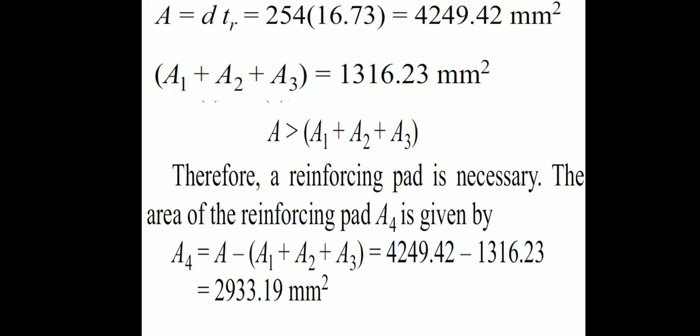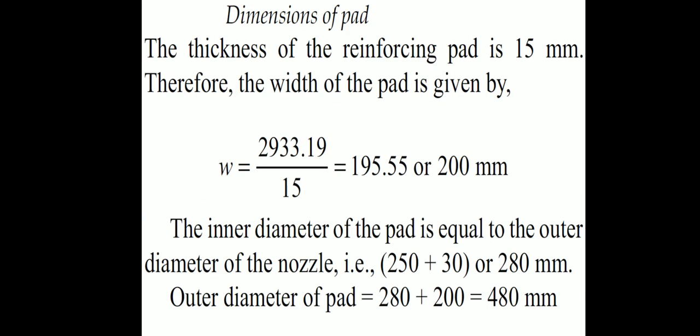Now the area of the reinforcing pad will be A4 equal to the area removed, that is A, minus the area that is added, A1 plus A2 plus A3. Therefore the area of the reinforcing pad is equal to 2933.19 mm square. Now calculating the dimensions of the pad, the thickness of the reinforcing pad is 15 mm.